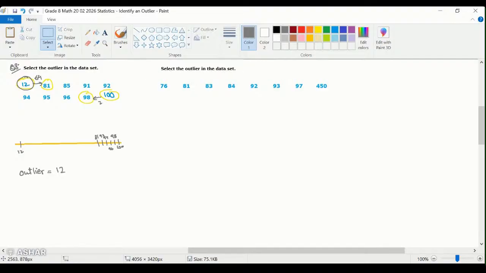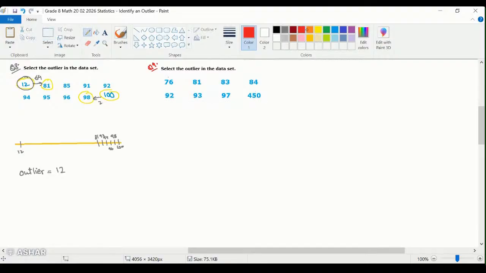If this information was provided to us and the given numbers are these, we know that in question number 9 the difference is way less compared to this, right? Agreed? The difference between 76 and 81 was less than the difference between 97 and 450, right?